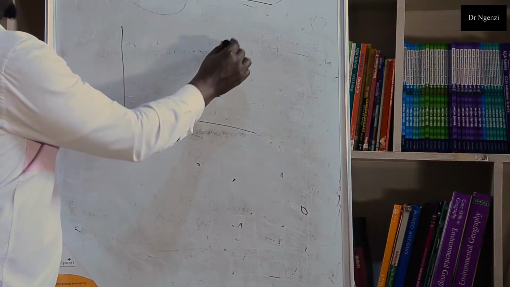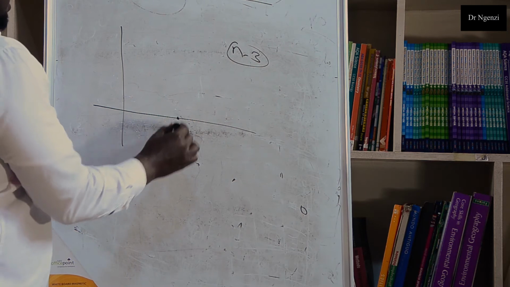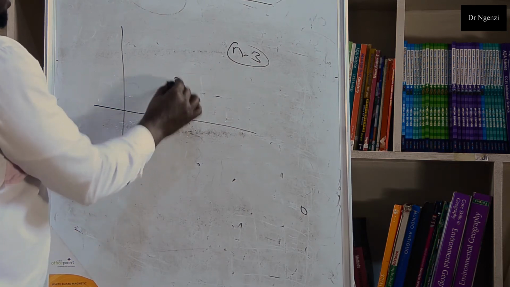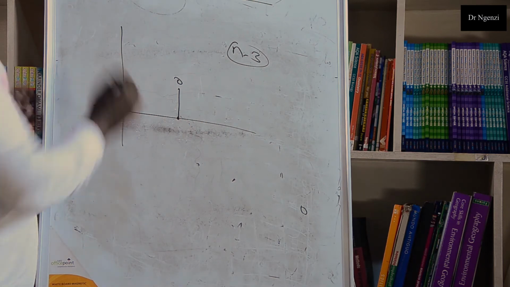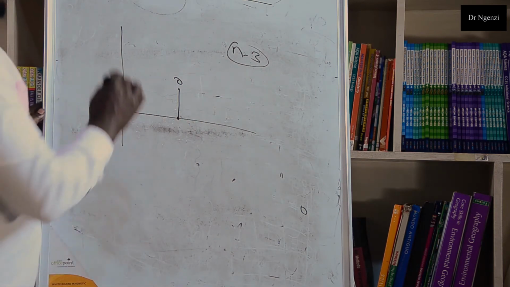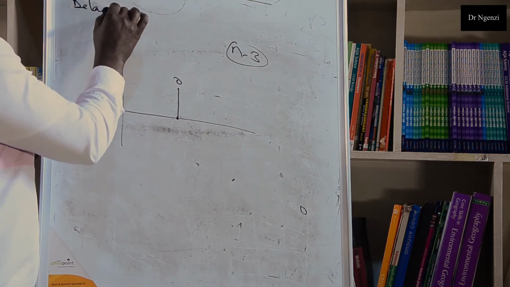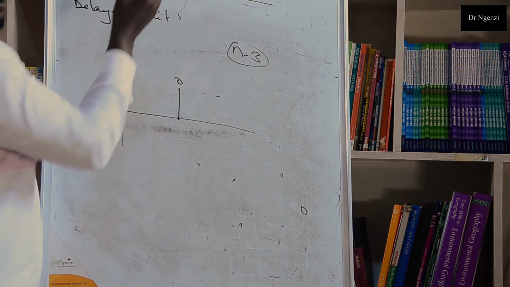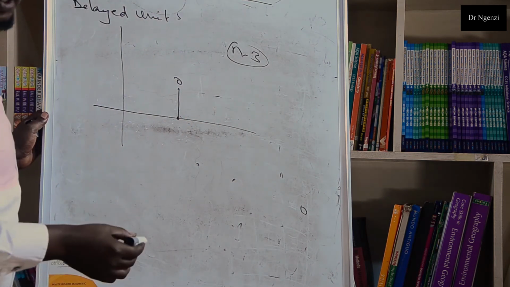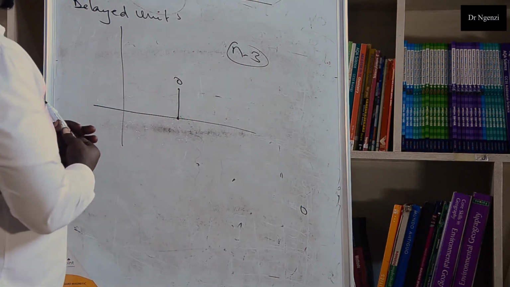So n minus 3 is going to shift up to 3, and the signal is going to appear here. So it has shifted. It is called a delayed unit step, or unit sample. You can call it a delayed impulse.